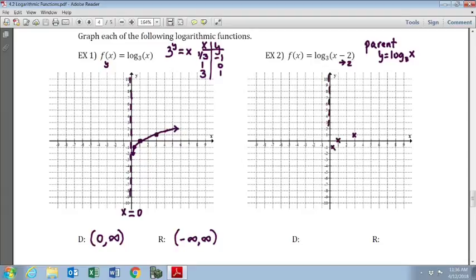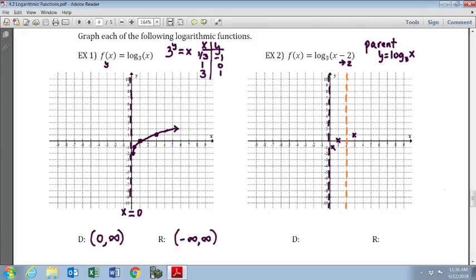Let's go ahead and graph the log base 3 of x, our parent function, and then we need to move all of our points right 2. Now notice if we move the graph right 2, all the points on the asymptote are also going to move right 2. So let's go ahead and put in our asymptote.